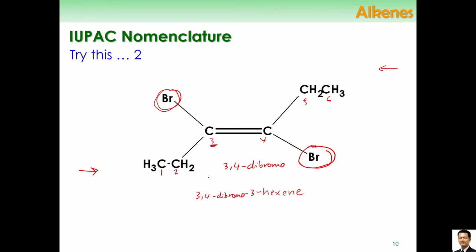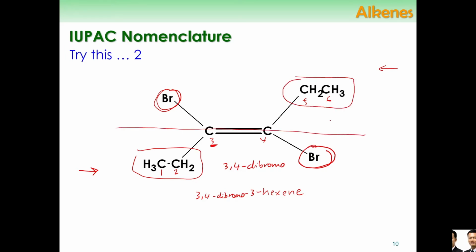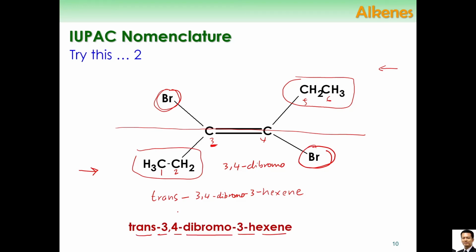Almost, but you need to remember this is actually opposite group, opposite side, right? Earlier we were talking about cis and trans, so this is actually trans-3,4-dibromo-3-hexene. So that is the proper naming for that one. So that is the name for the structure.